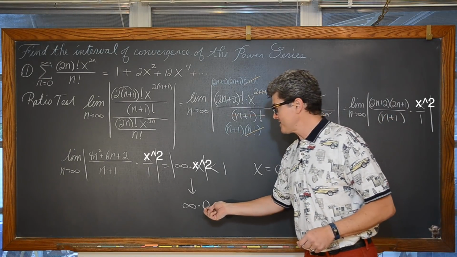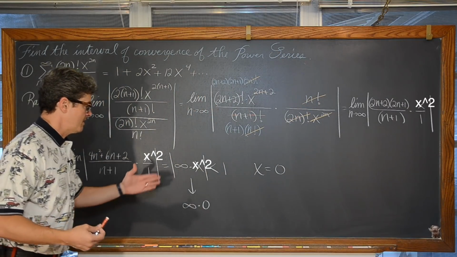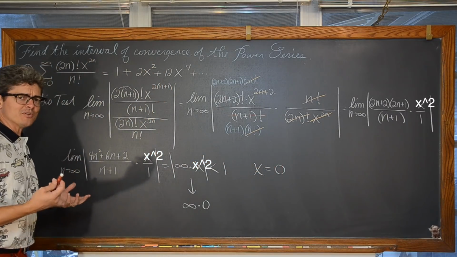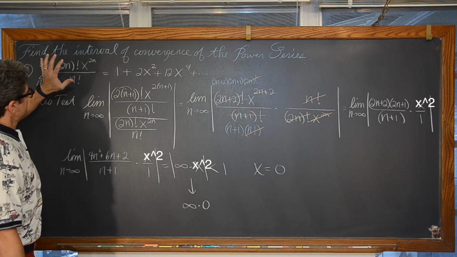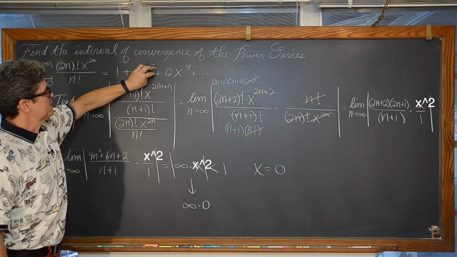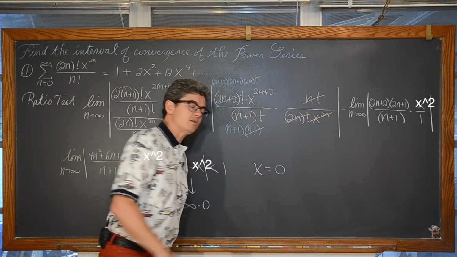But in this case it is not an indeterminate form. It is actually equal to 0. So the only value of x which is going to make this series converge is x equals 0.